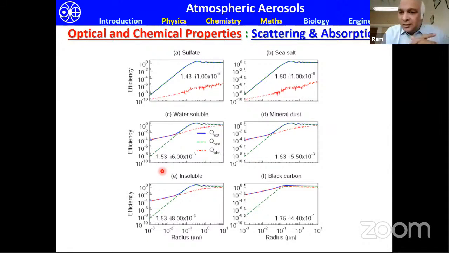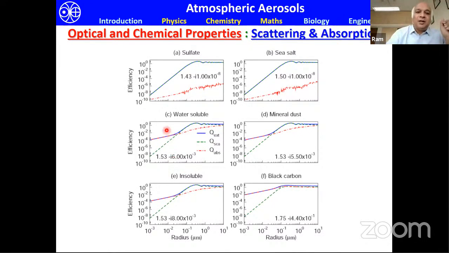Each of the particles that you see in the atmosphere, including the air molecule, is characterized by a refractive index, which has a real and an imaginary part, as you are aware. The real part signifies the scattering contribution, while the imaginary part indicates the absorption contribution. The absorption contribution of air molecules is almost nil, so the imaginary refractive index is small.